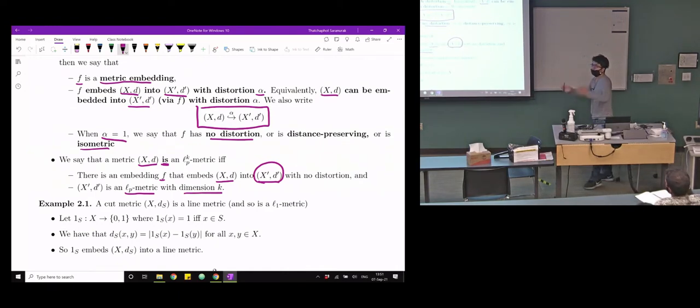If you can embed it into some other metric that is the L1 metric, and there is no distortion at all, then we just say that the first metric is an L1 metric too.